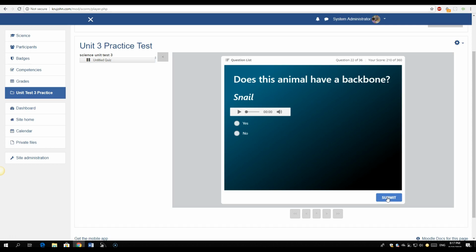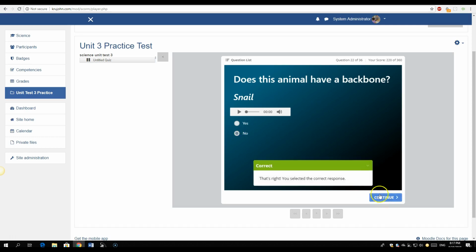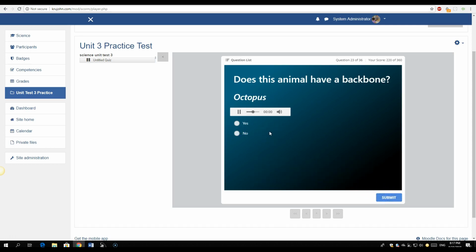Snail. Do snails have backbones? I know they have a shell, but do they have backbones? No, they do not have backbones. Octopus. An octopus has 8 legs, but it does not have a backbone.